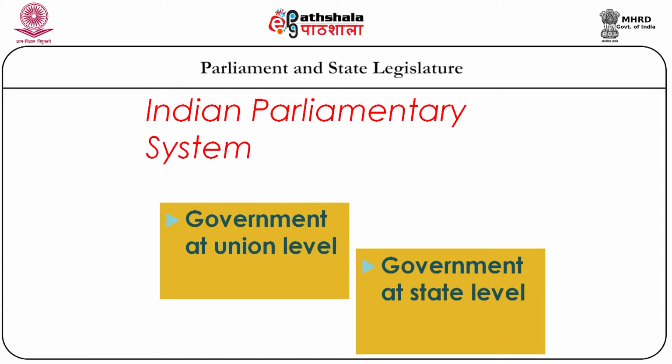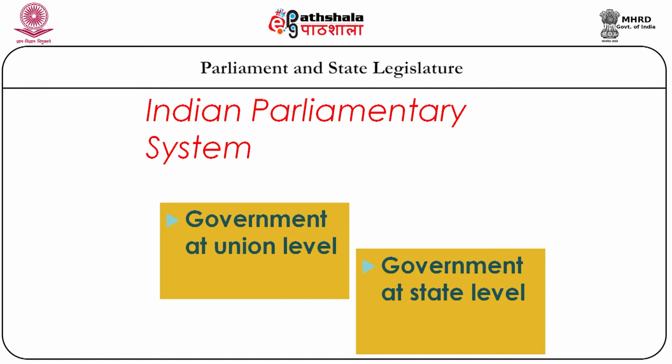Now, if we come to the Indian parliamentary system, I would like to tell you that the government of India has two levels, or we can say it is bifurcated into two levels. One is at the union level, another is at the state level. Firstly, I will explain the government at union level. Now the question again, who is the executive head of the union and what are the functions of that executive head?